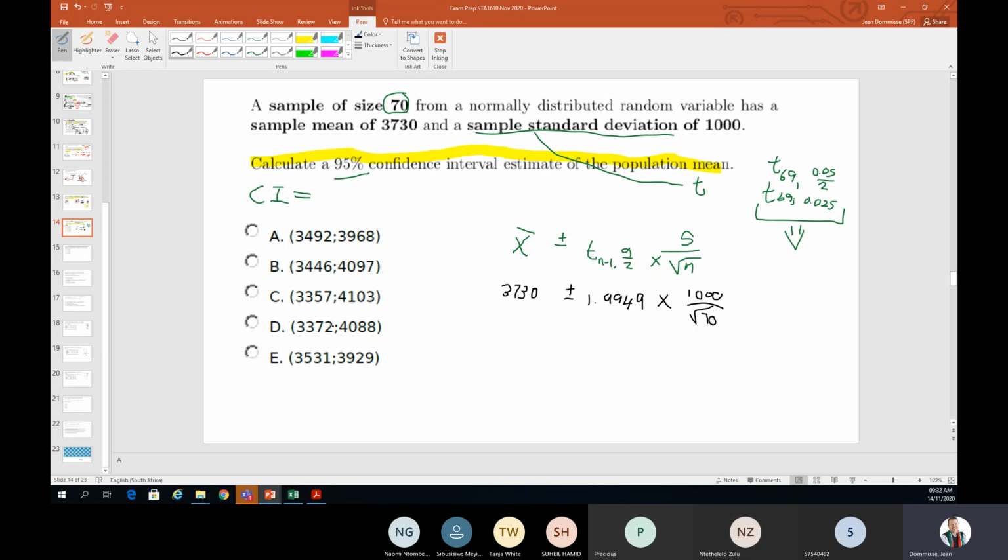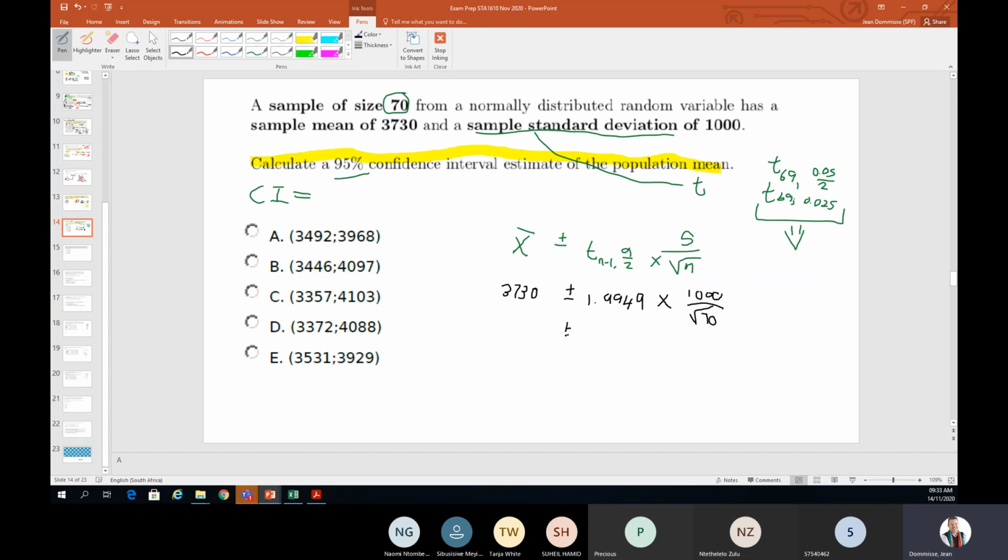Okay, so I just want to check, it needs to be somewhere in the middle. So that nearly all seems fine. I couldn't even eliminate anything there. So let's see, now calculator. 1,000 divided by the square root of 70, I get 119.5229.